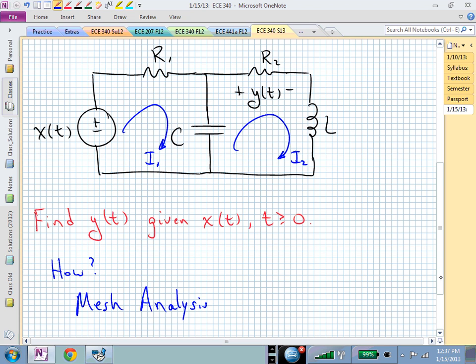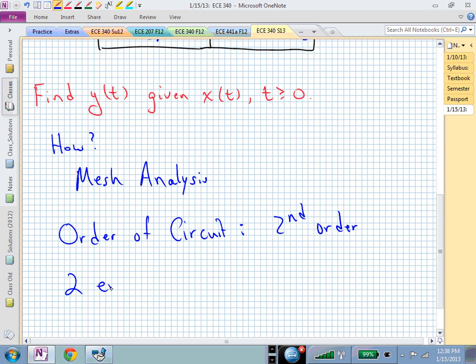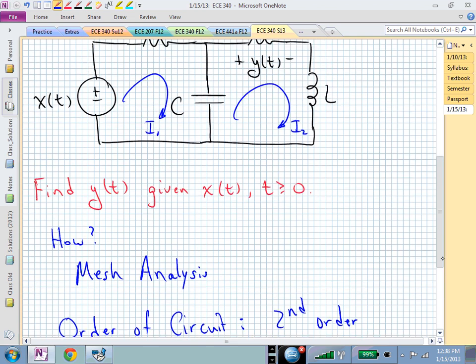So this circuit is second order. It has two energy storage devices, an inductor and a capacitor.